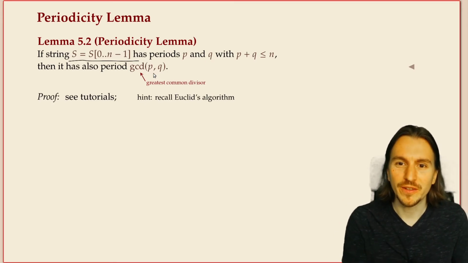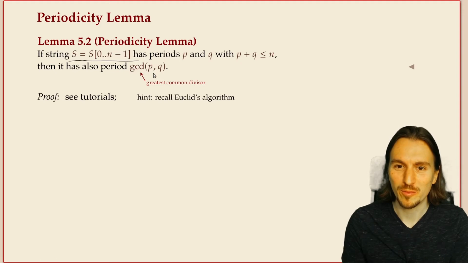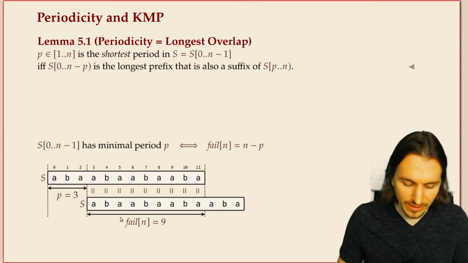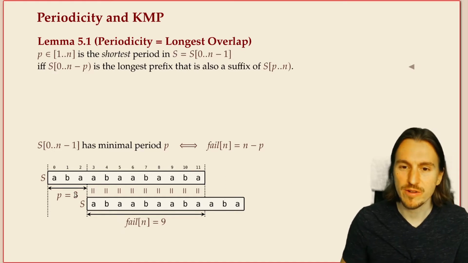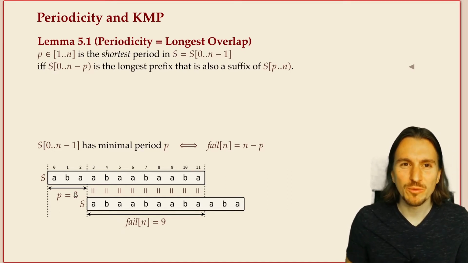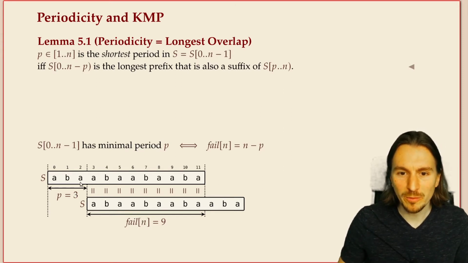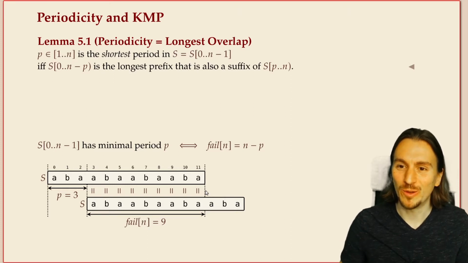You will look in more detail at this lemma in the tutorials, so I don't want to go into further details of the proof. But I want to remark that smaller periods, like in this case the 3, are of course somewhat more telling about a string, because a small period means a very long overlap, and these long overlaps are things that we can exploit.